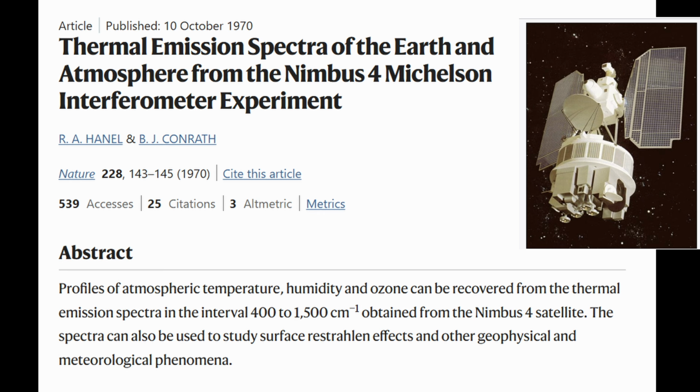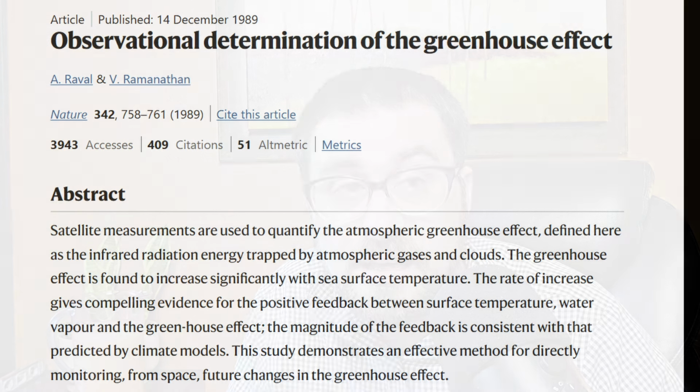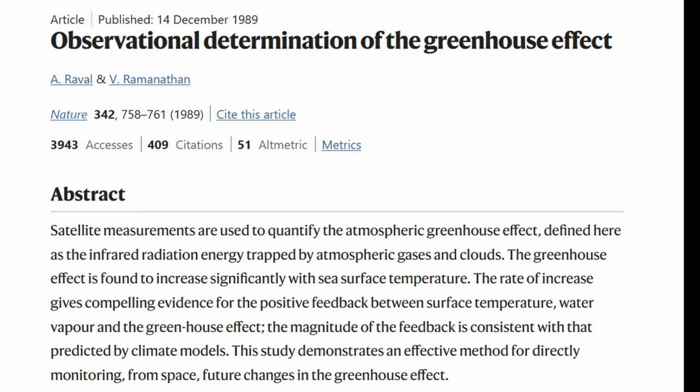The Nimbus series of satellites were actually the second generation of Earth-observing satellites that were launched. And then later in 1989, we had Raval and Ramanathan 1989. This was the first to actually quantify specifically the greenhouse effect and its dependency on sea surface temperature.